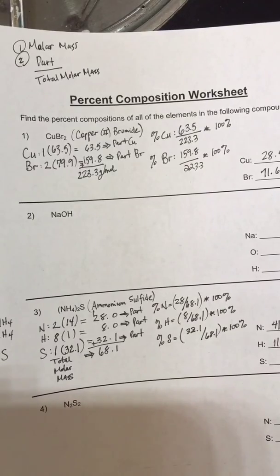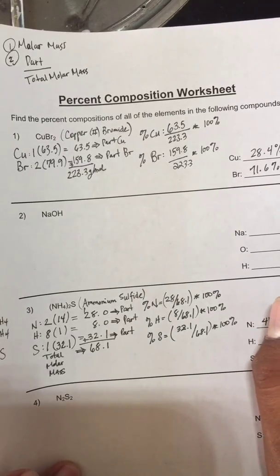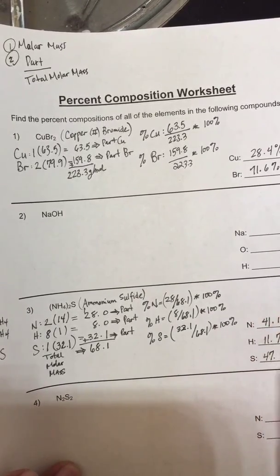The last one, 32.1 divided by 68.1 times 100, 47.14.